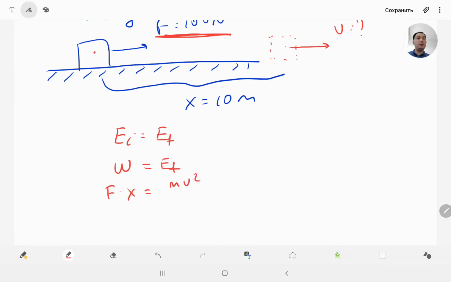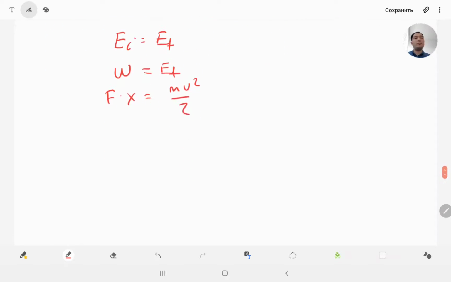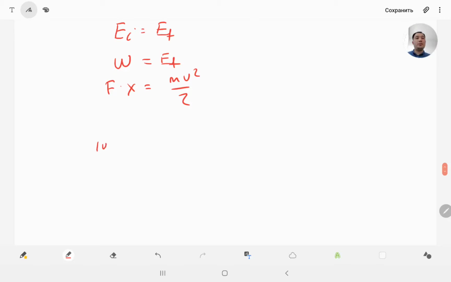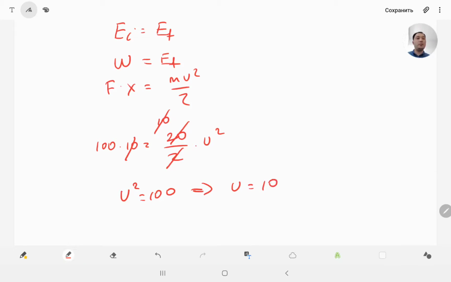It means there will be kinetic energy. Force is 100, distance 10 meter, mass 20 over 2 times v square. So here we have a 10 cancelled, velocity square equal to 100. So from here velocity will be 10 meters per second, as you see, 10 meters per second.